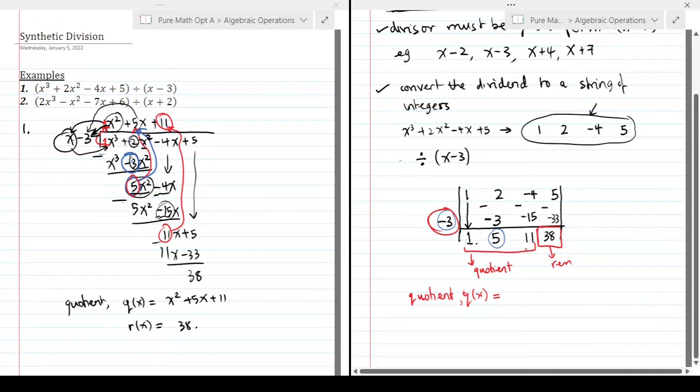It cannot be cubic, because if it were cubic, it would have four of them. This one has 3, so it has to be quadratic. So this is 1x squared plus 5x plus 11. And then this here is the remainder, and we already know that the remainder is 38.